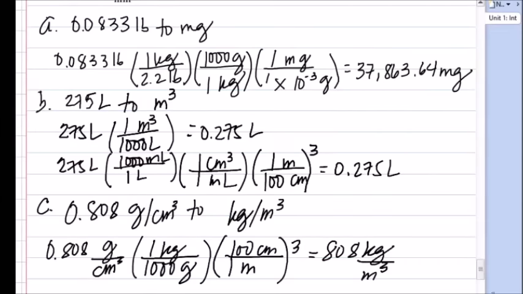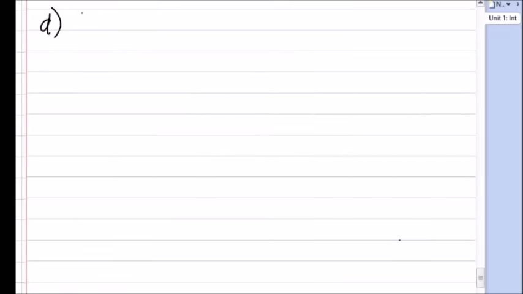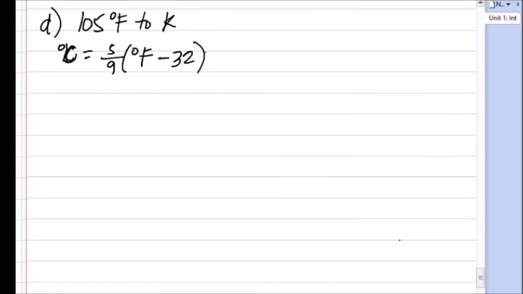Okay. So, next po tayo. Letter D. We have 105 degrees Fahrenheit to Kelvin. Ang gawin lang natin muna, i-convert natin muna yung degrees Fahrenheit papuntang degrees Celsius para yun ang maging way natin para ma-convert natin siya sa Kelvin.